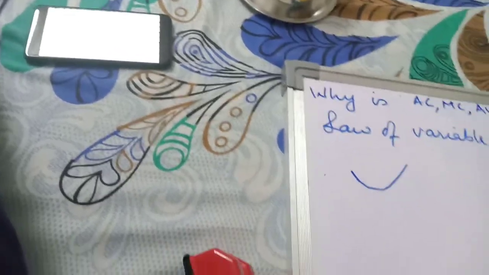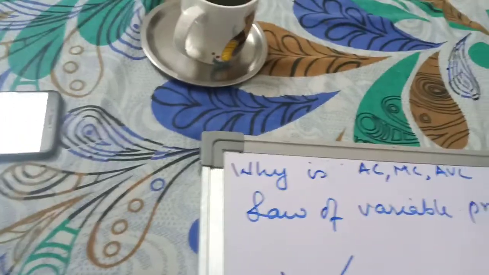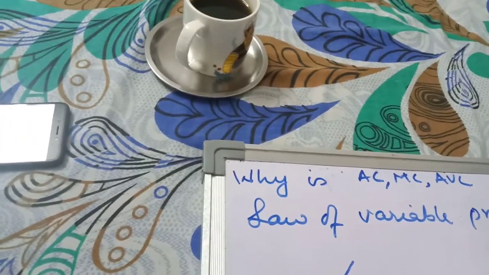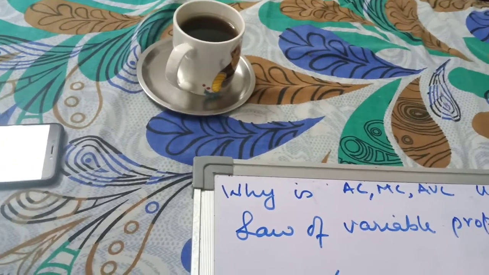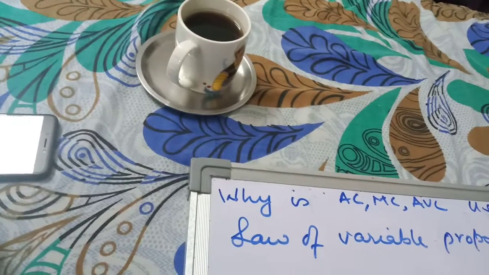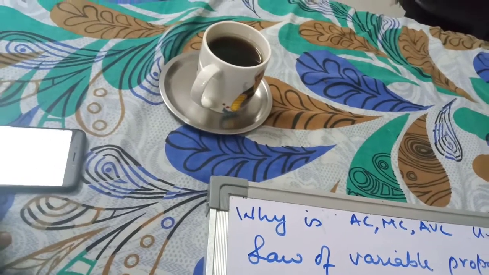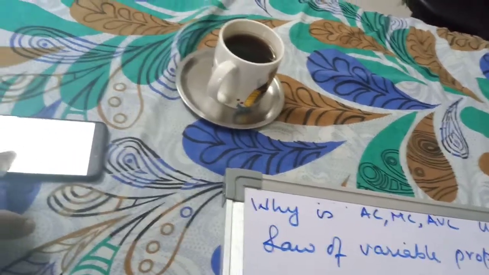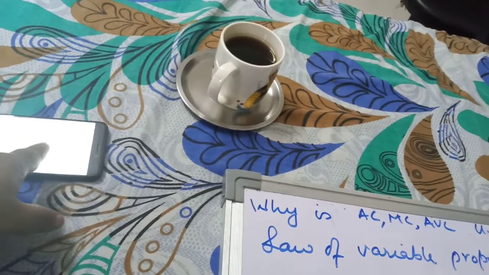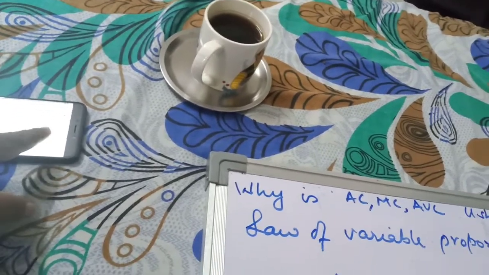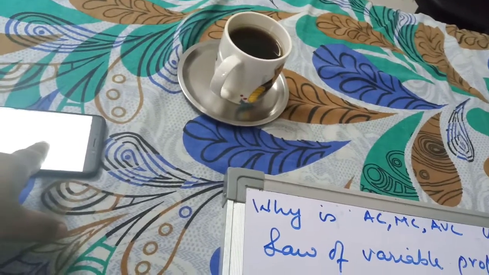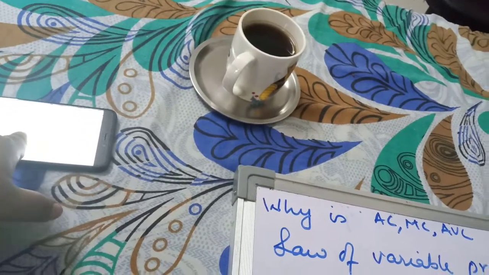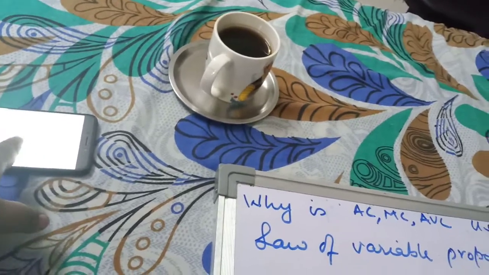This shape you'll find because of the operation of the law of variable proportion. When production is subject to increasing returns, AC, MC and AVC curves fall. When production is subject to diminishing returns, AC, MC and AVC curves increase, giving it a U shape.